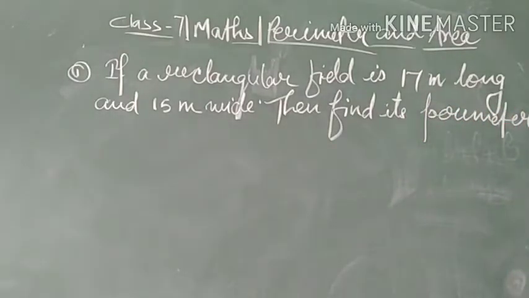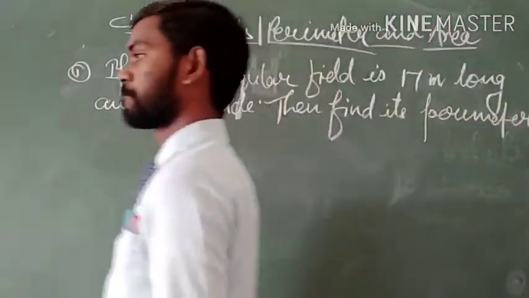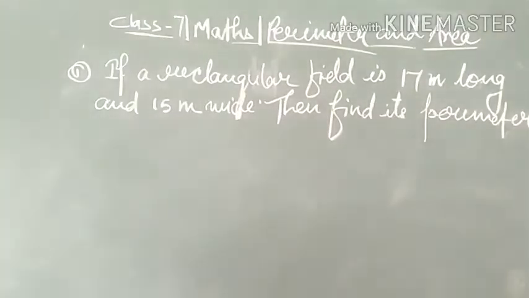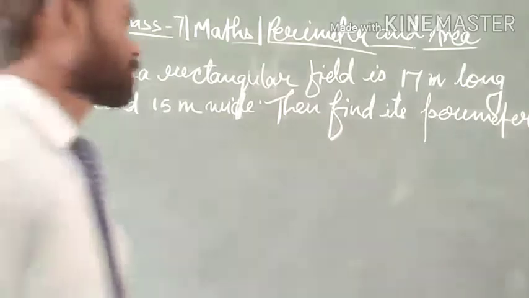This is the given question. So let us see the question. If a rectangular field is 17 meter long and 15 meter wide, then what will be its perimeter?